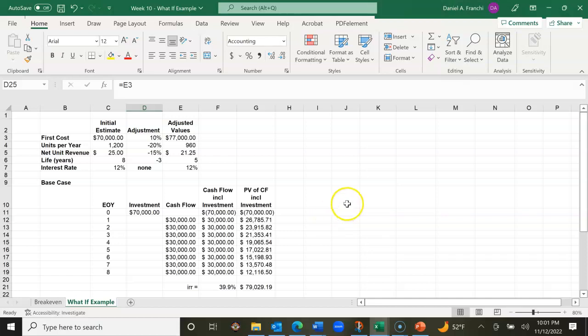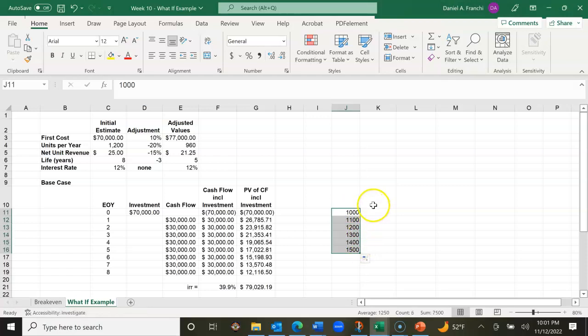So how can we analyze this with data tables? And let's look at what we could do here. We could say, let's say one of our variables is units per year. And so our units per year is, let's say, 1,000, 1,100, go all the way to 1,500.